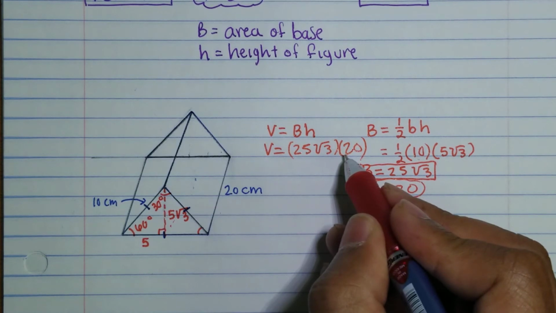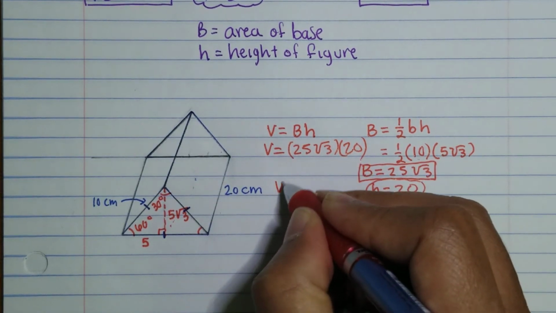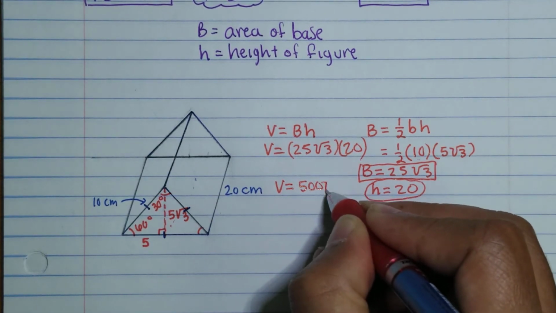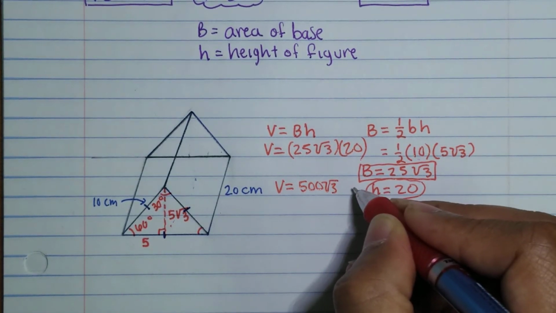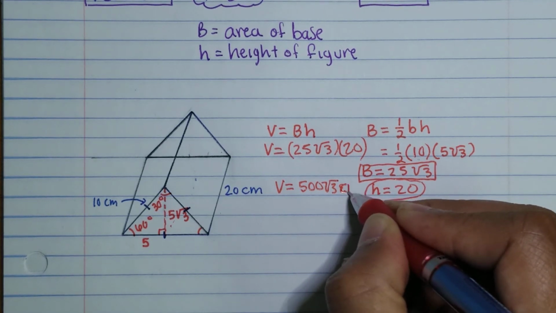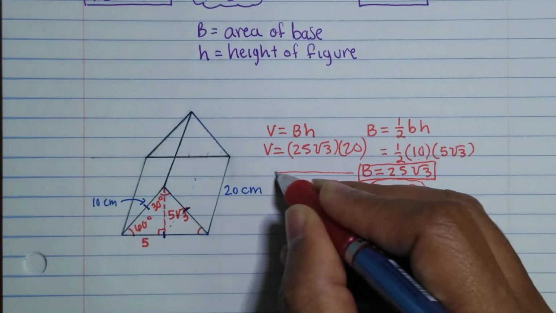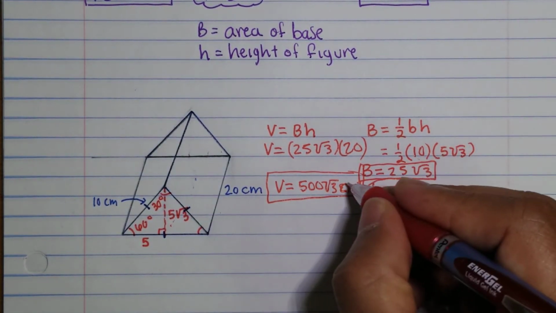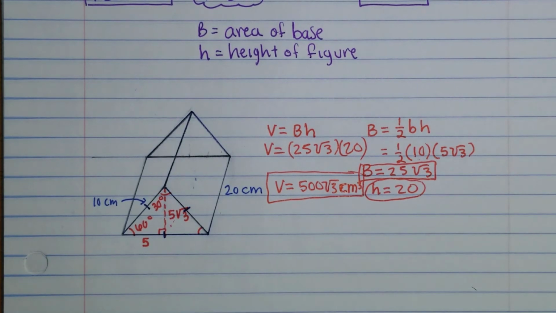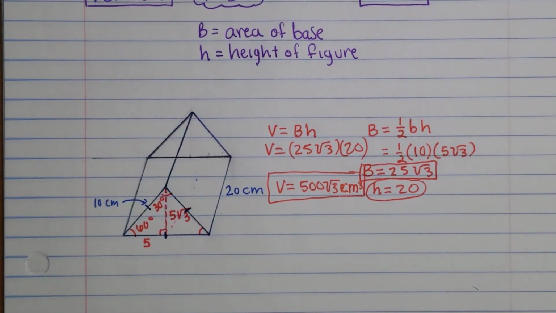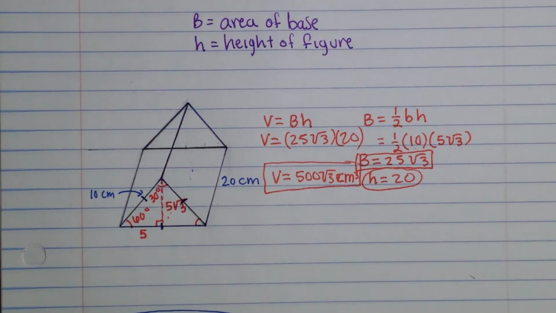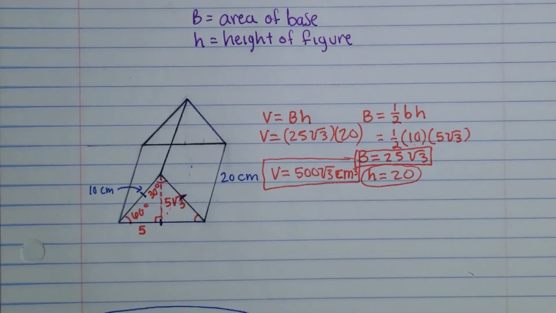The product of these two values is exactly 500 square root of 3, and this is centimeters cubed. So there is the volume of this triangular prism. If I went too fast, you can always pause the video and rewind it, or watch your notes until you understand this problem.